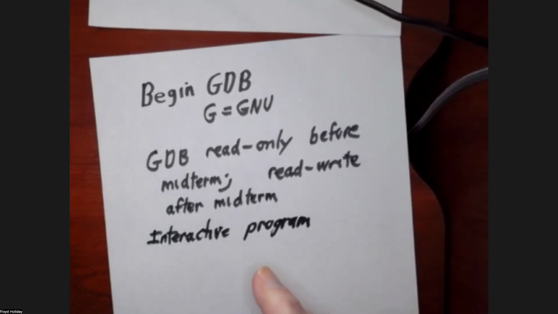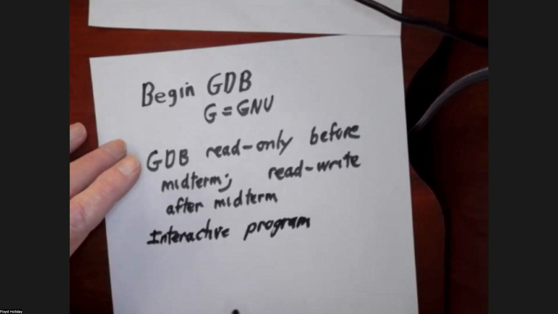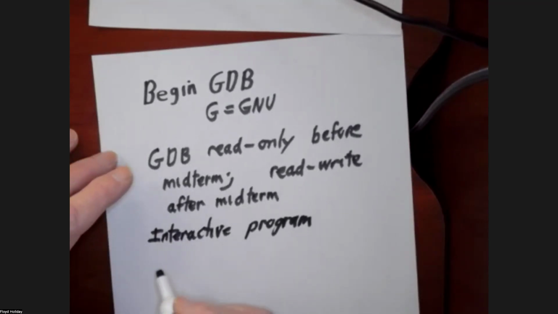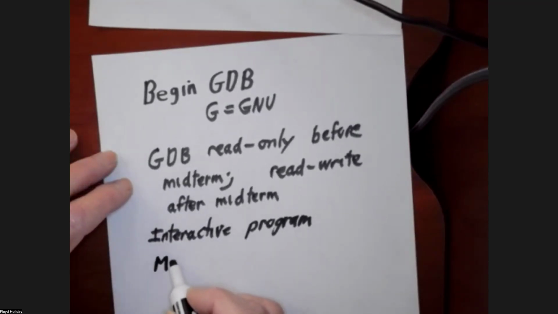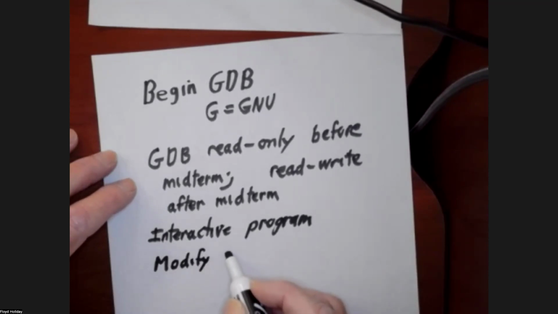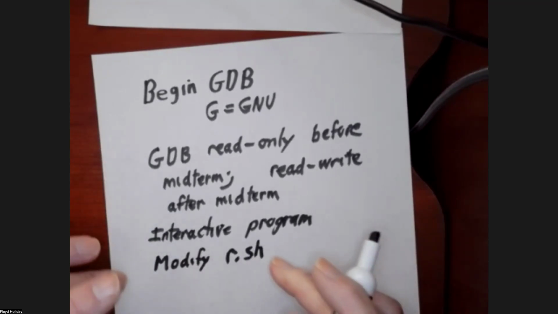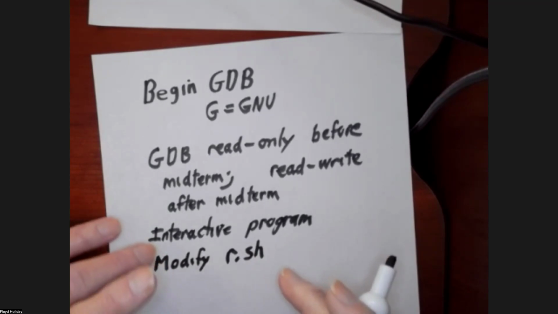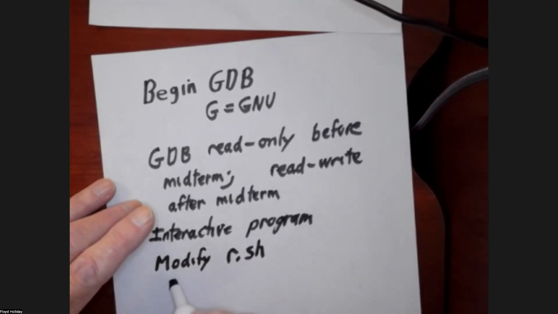Okay, so first of all, to set up for running GDB, we have to modify the bash file, r.sh. In fact, I recommend you leave r.sh alone and create another one, rg.sh.